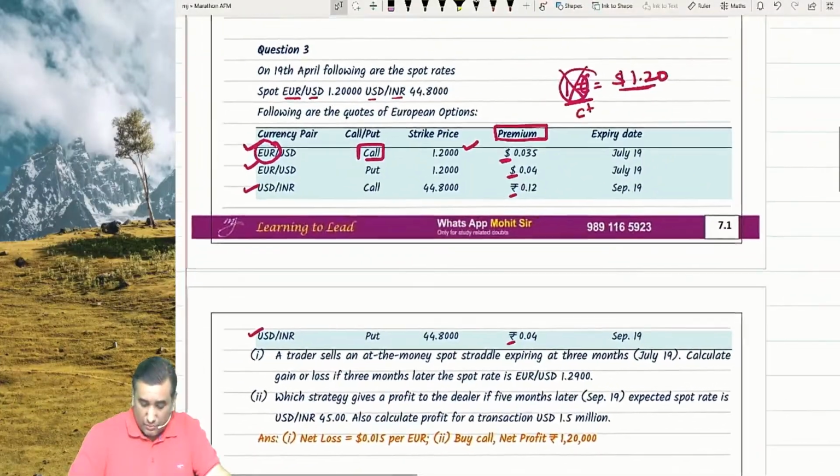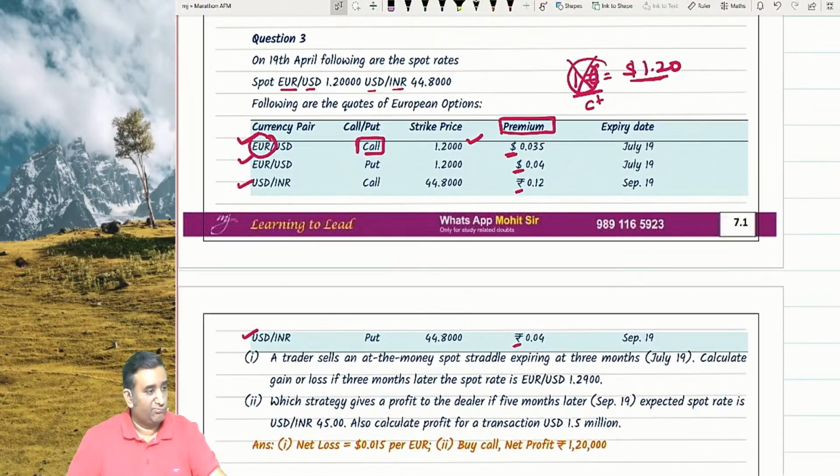Let's look at number 3 first. Let me read out question number 3.